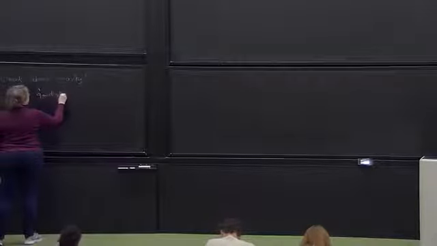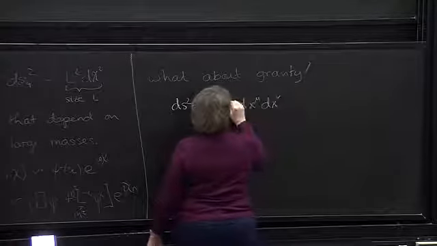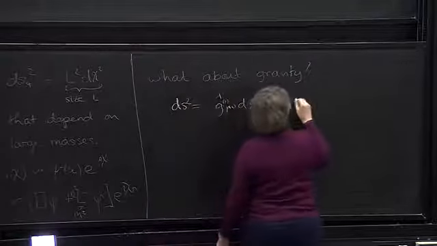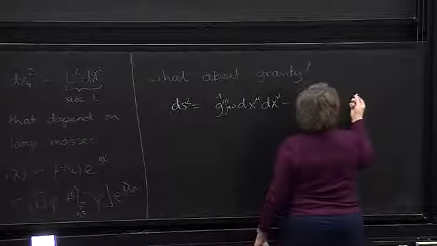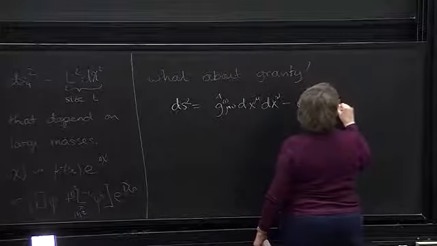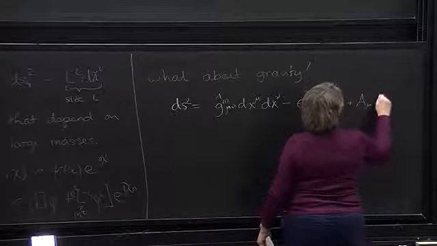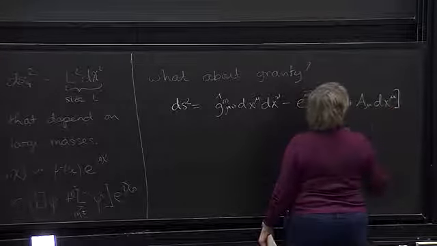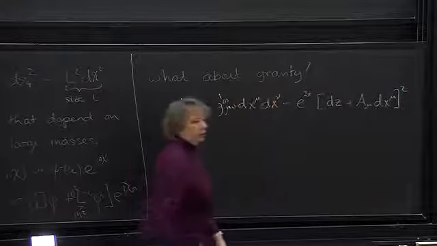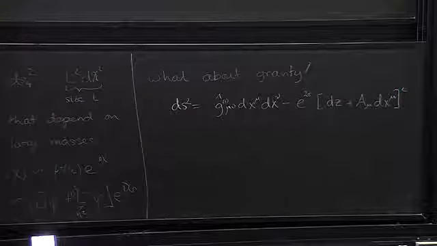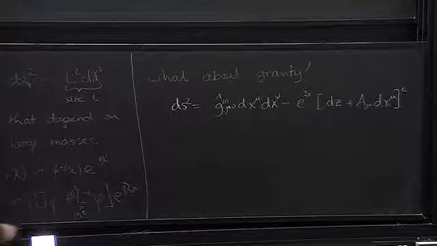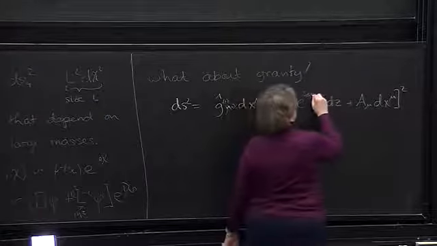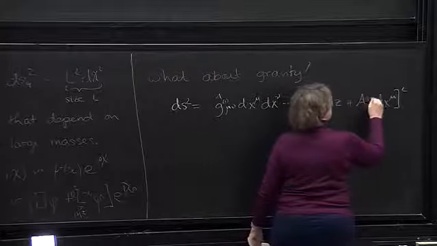I'm going to write the metric in this very general form. Everything here just depends on x. So this is sigma of x mu, this is A mu of x.